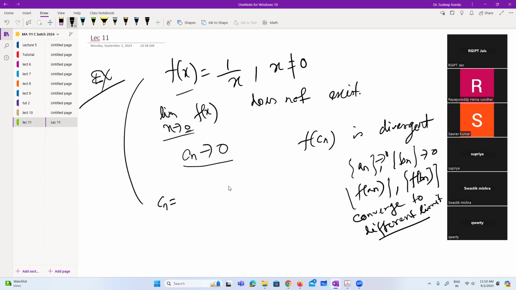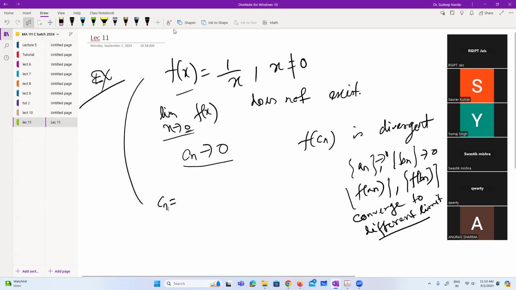That means you have not studied? Anyone? Swastik Misra?